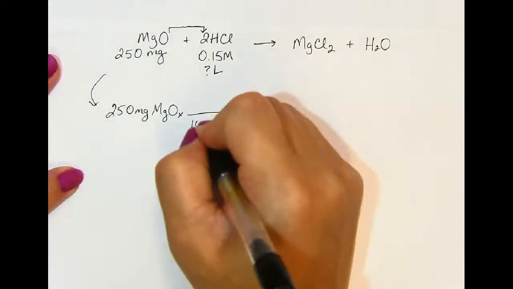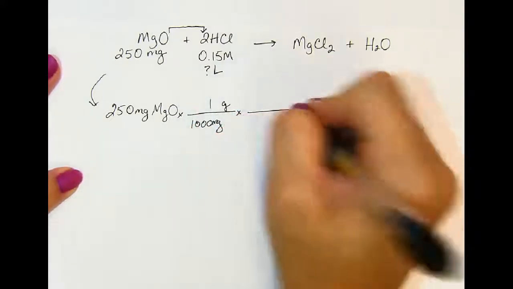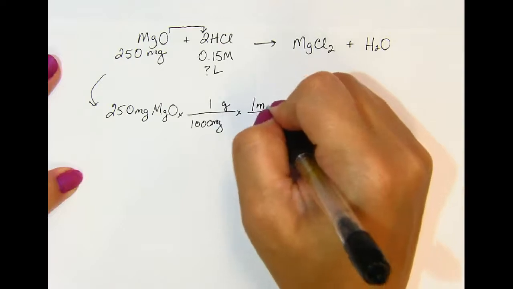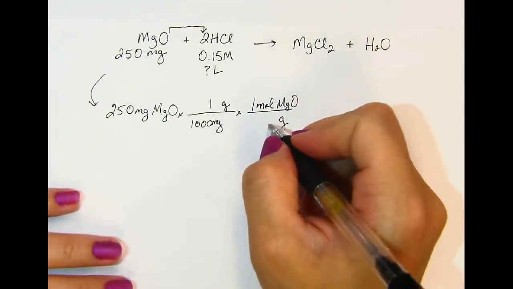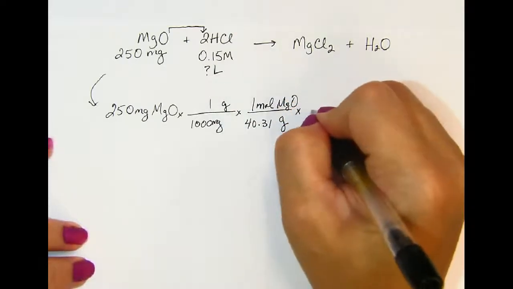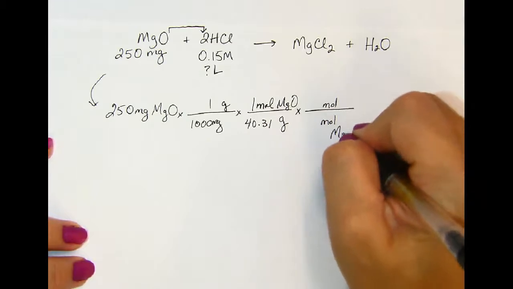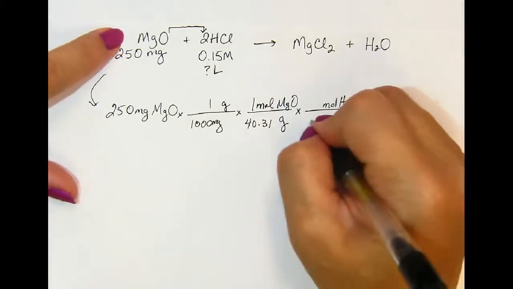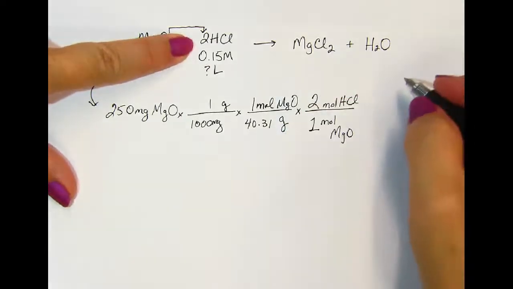So I'll go milligrams to grams, 1 gram, and then we're going to go from grams of magnesium oxide to 1 mole of magnesium oxide by using the molar mass from the periodic table, which is 40.31 grams. Now that I'm at moles, I can do a mole-to-mole ratio from magnesium oxide to hydrochloric acid, and that ratio is 1 mole of magnesium oxide to 2 moles of hydrochloric acid.